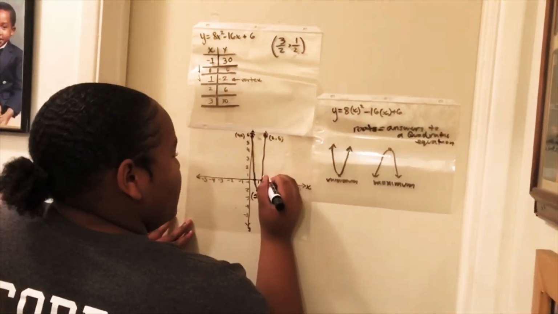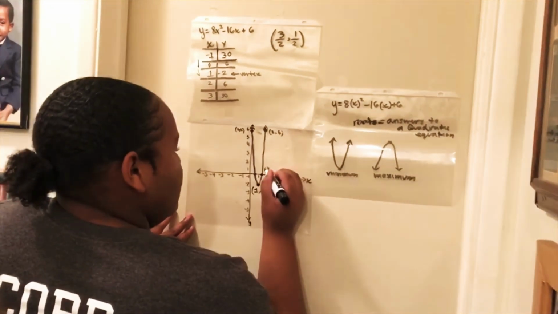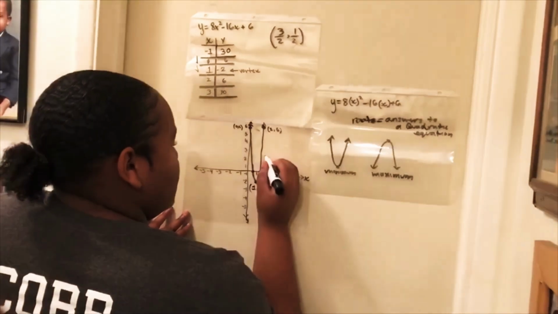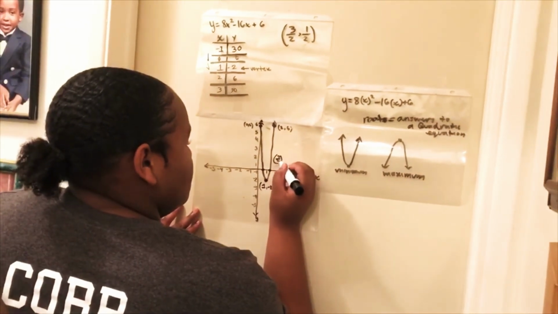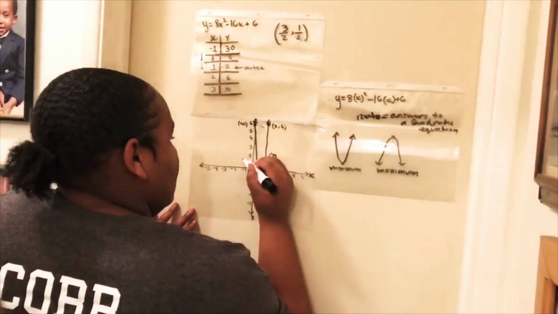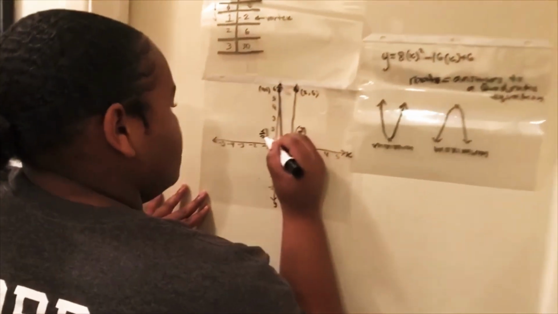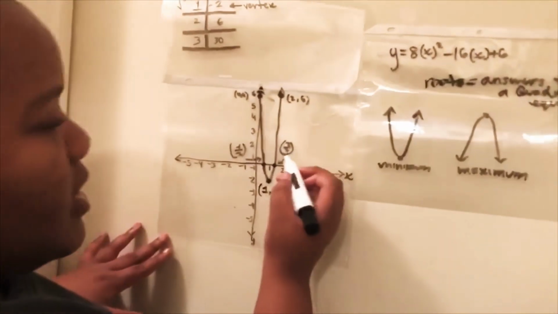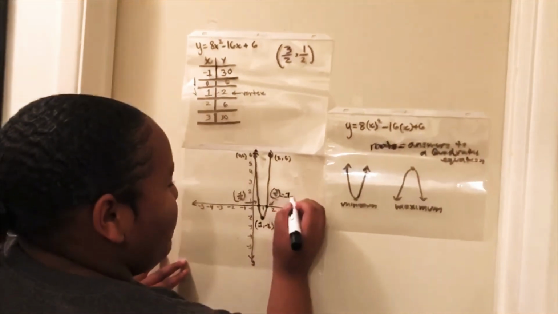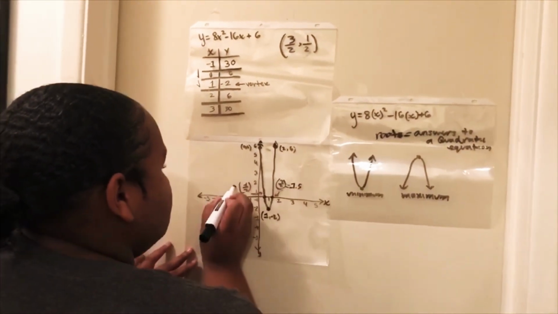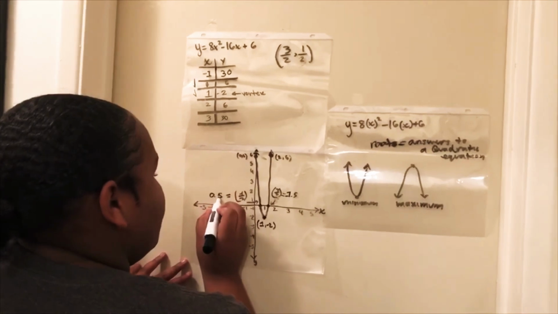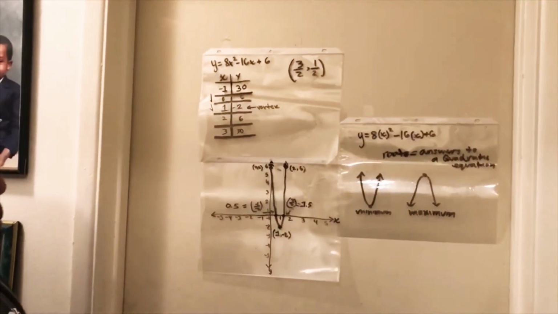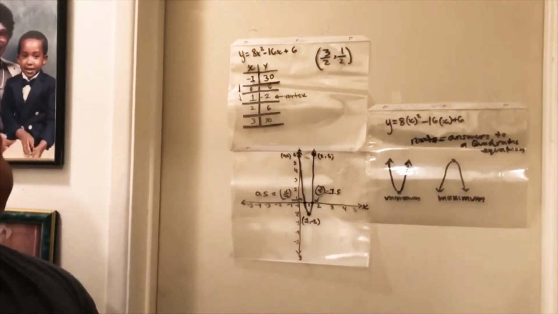So these points are 3/2 right here, and 1/2 right here. And this is 1.5, and this is 0.5. So those are the answers. Thank you for watching.